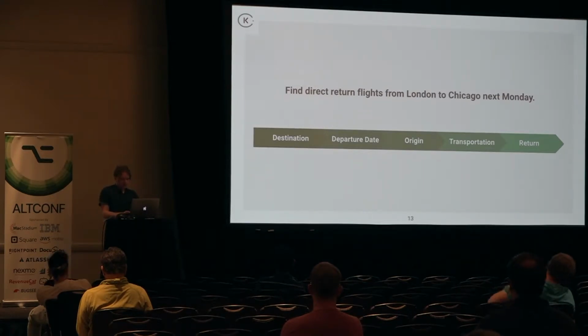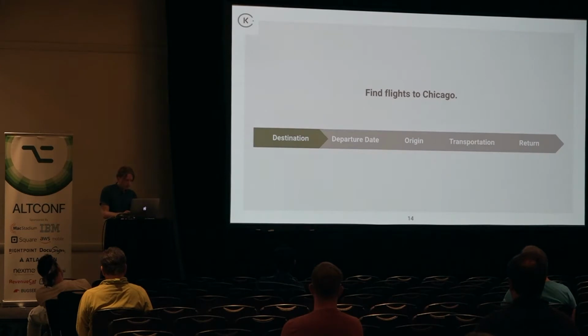So let's start with the first one. The simplest form of the sentence, at least something that's useful, would be to identify the destination, where the user wants to go. And for that, I've reduced this sentence to just "find flights to Chicago," where the Chicago part is the important one.